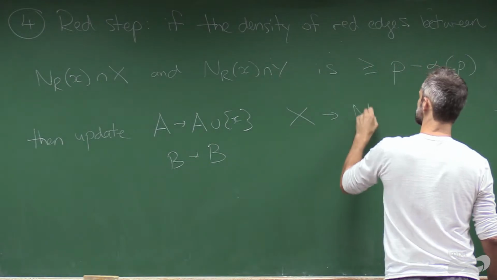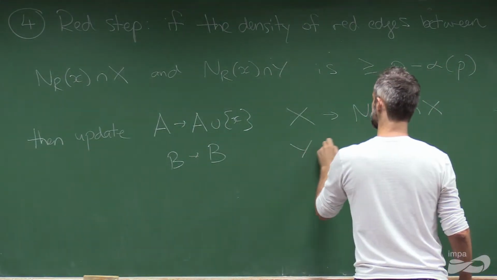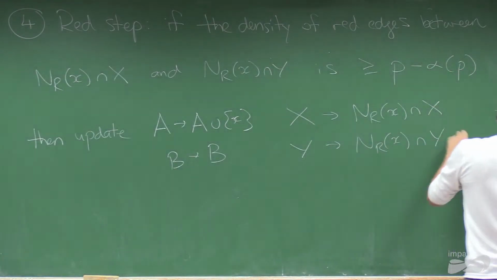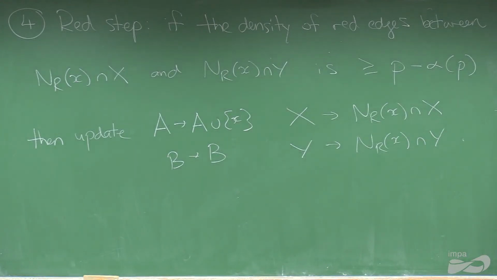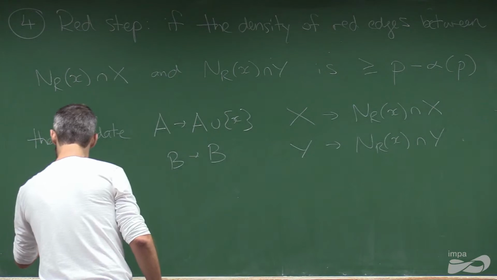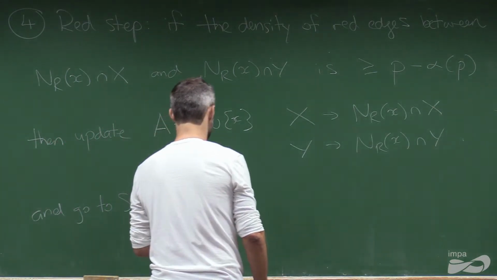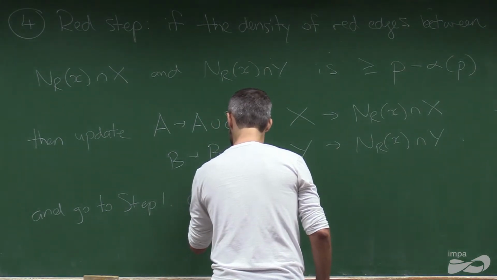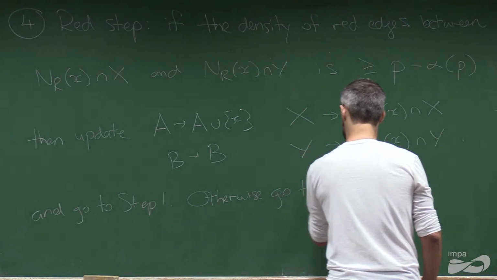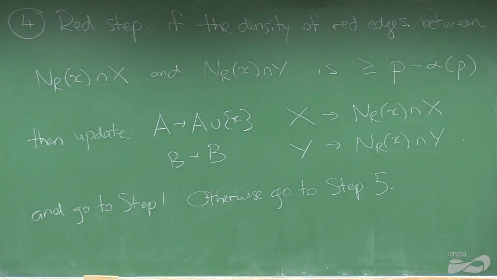X becomes this red neighborhood of x in x, and y becomes the red neighborhood of x in y. And go to step 1. Otherwise, go to step 5.